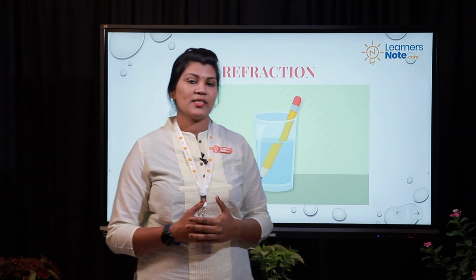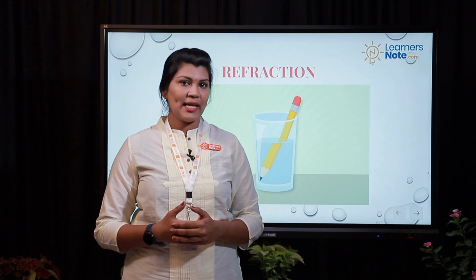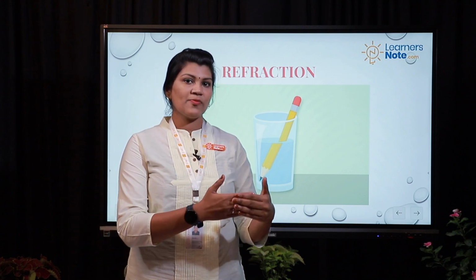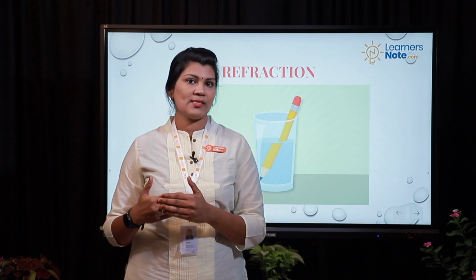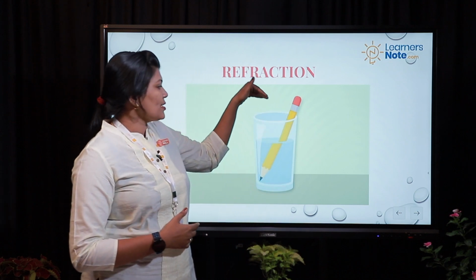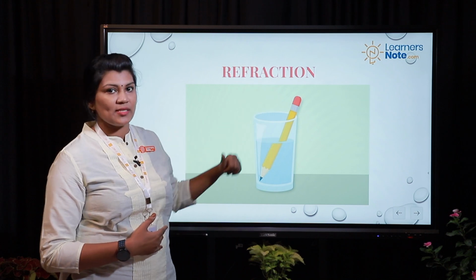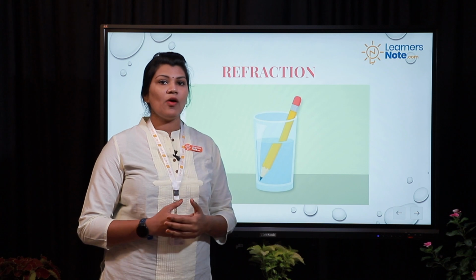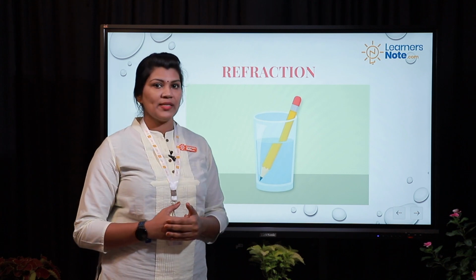So, what is refraction? Refraction is the process of bending of light rays when they enter from one medium to another medium of different densities. That is, if light enters from air to water, its medium property will change. So, the speed of light will change, and the light rays will bend.